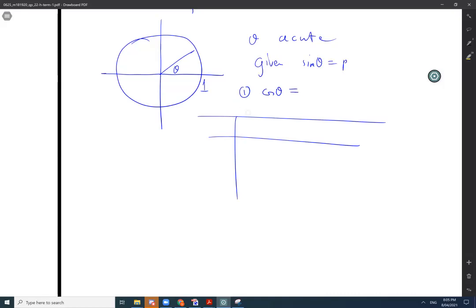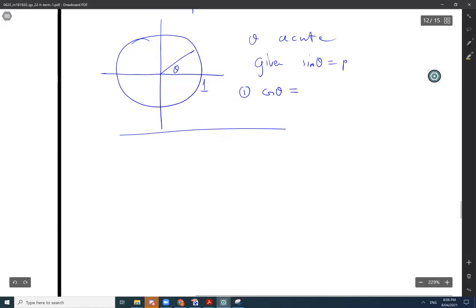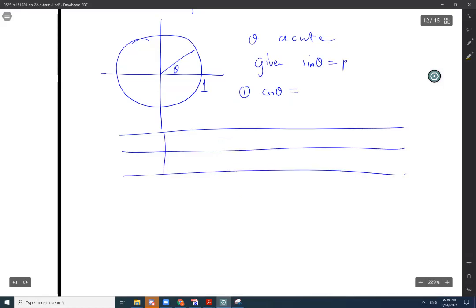Let's make a table, a big table. Sine theta. Oh, we better use theta. Okay. Theta, sine theta.